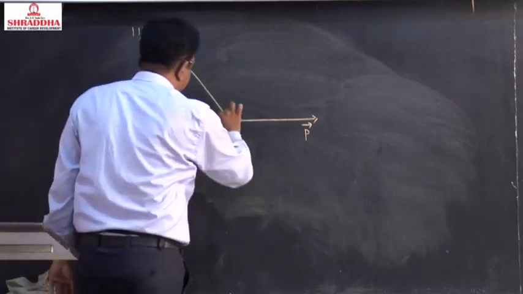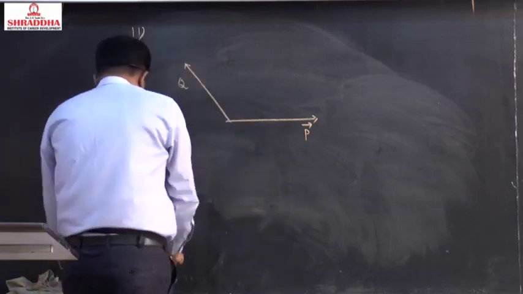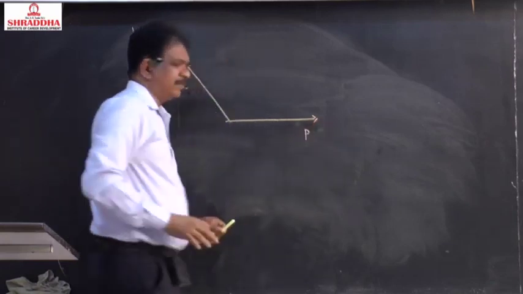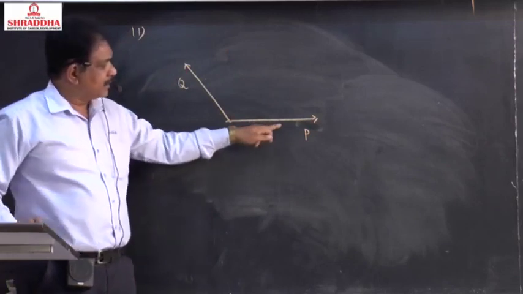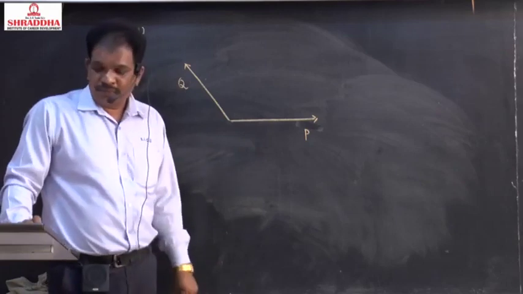I am assuming q bar is like this. Vector p bar, or you can take magnitude as p, is along the x-axis and is added to q.